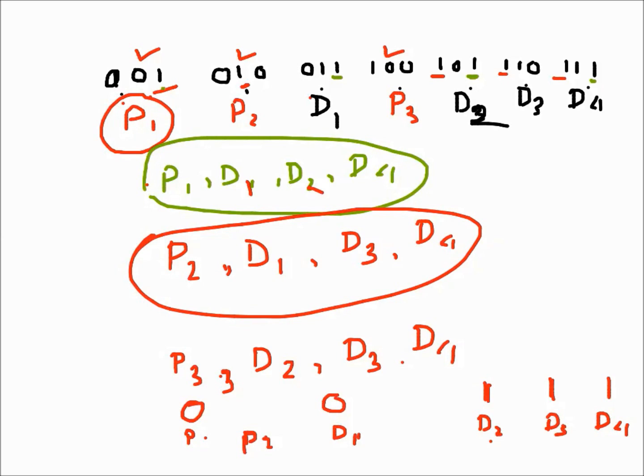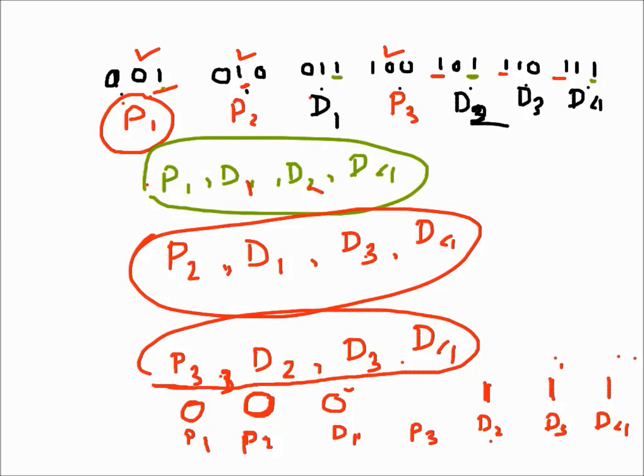Similarly, P2 will go with D1, D3, D4, again 2 ones, so it will be 0 because the total number of ones stays even. Finally, P3 goes with D2, D3, D4.